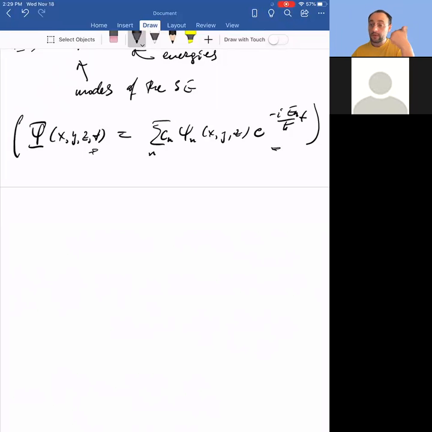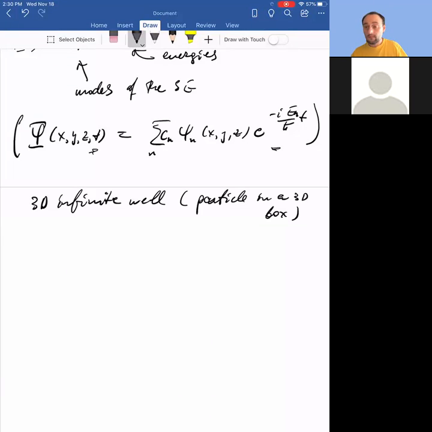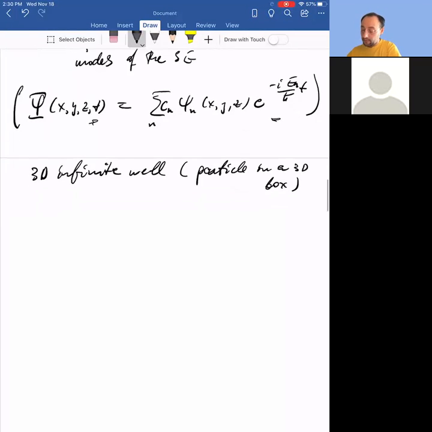And so now we will do the same thing for a particle in a 3D well. So it literally is a box, right? So 3D infinite well for a particle in a 3D box. As far as I'm used to, all boxes are 3D. So this really is a particle in a box, right?